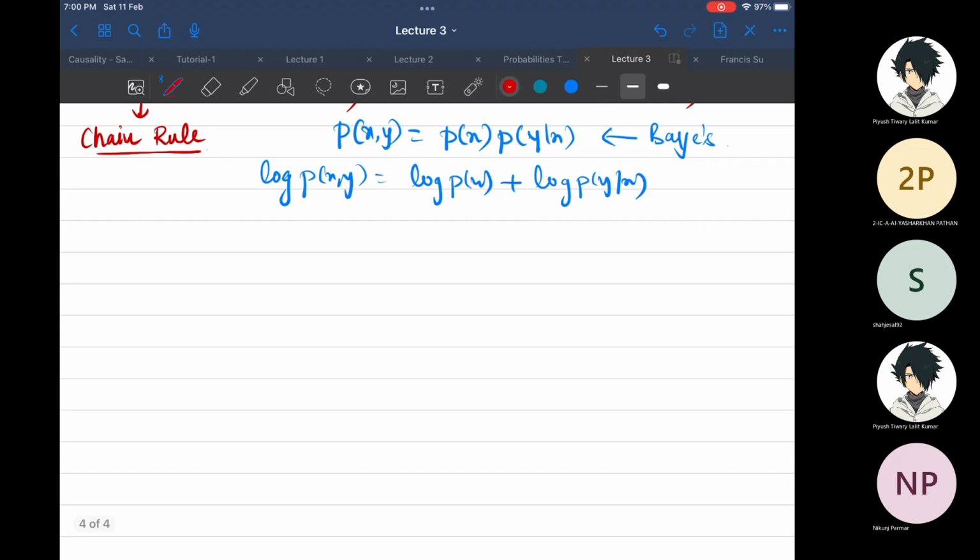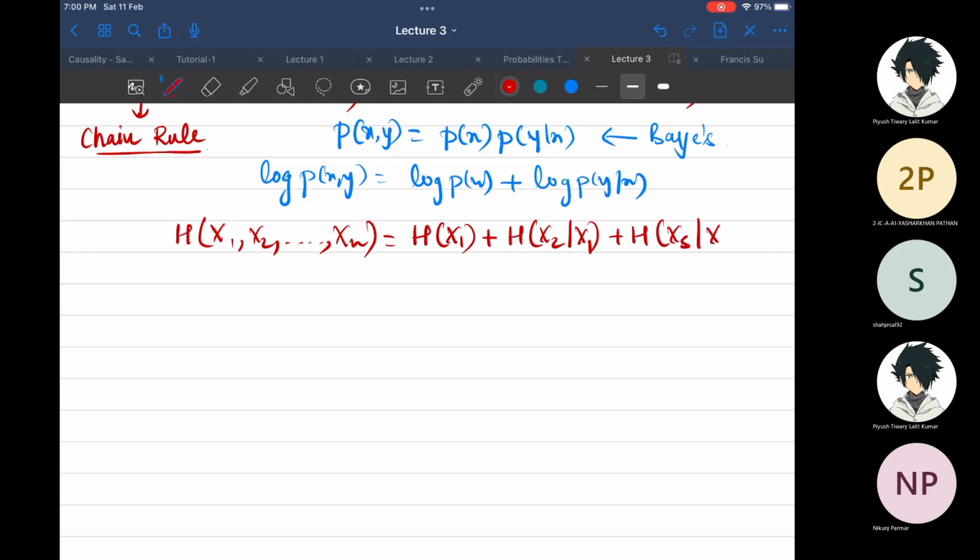So in general, if you have n random variables, h of x1, x2 till xn, you can write it as h of x1, the first random variable, plus h of x2 given x1, plus h of x3 given x2 comma x1, plus h of x4 given x3, x2, x1, till h of xn given x n minus 1 to x1.